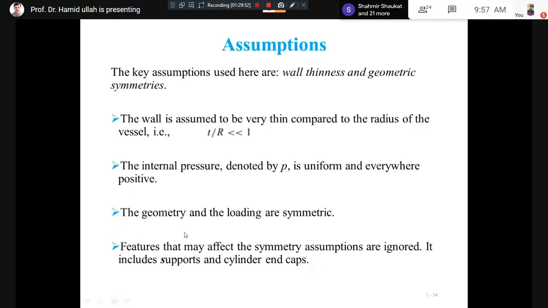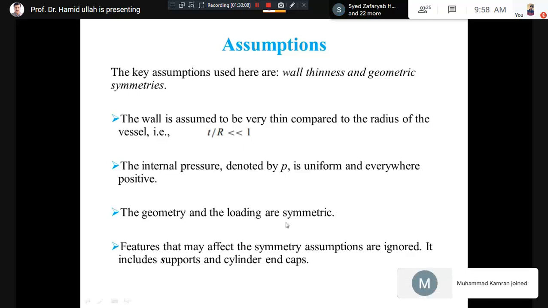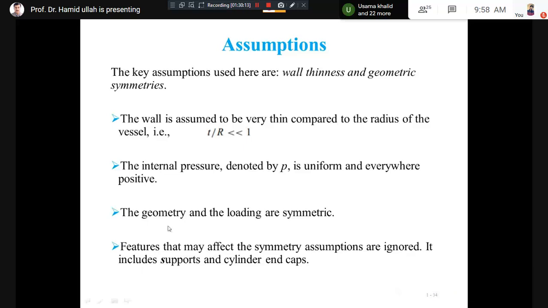Third one, geometry and loading are symmetric. You remember in beams, when we were discussing the shear force and bending moment diagrams, we were quite familiar with symmetry. It was very simple, and it was quite simple to calculate the reactions, etc. So here also we assume that the loading and the vessels are symmetric. What may affect the symmetry?